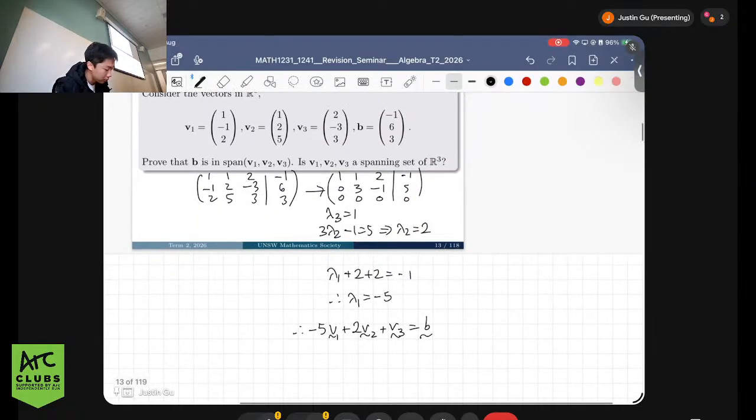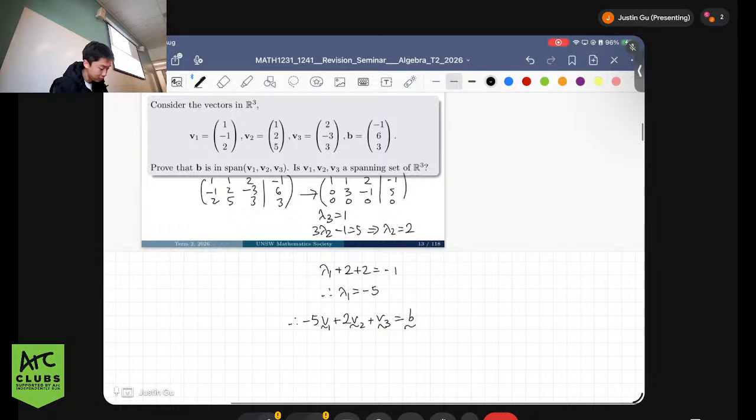And for part B, anyone have any ideas? We want to prove that it's a spanning set, like the entirety of R^3.